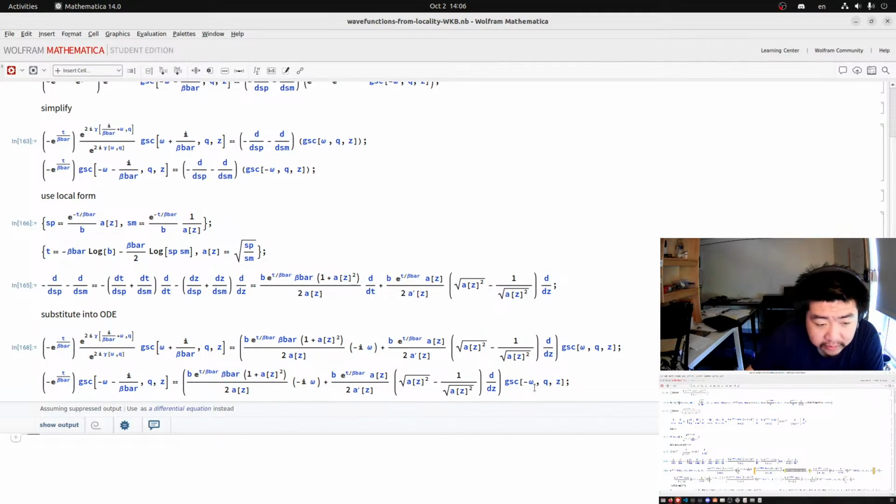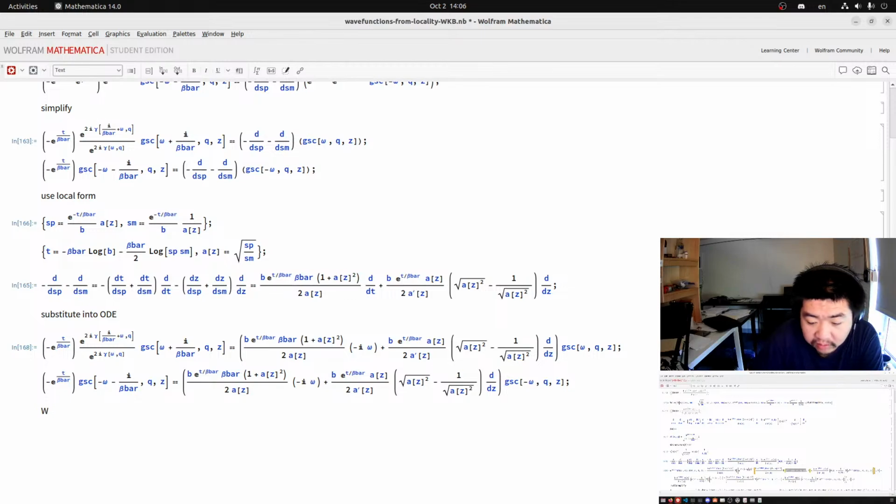Now what we need is a WKB analysis. So G scaled equals G scaled nu.